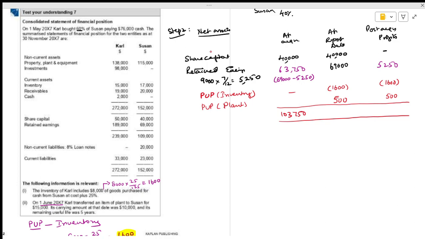Next time we do this we will have more clarity. Now we are doing inventory, the second question. Next we are doing plant. 40 plus 69 minus 16 plus 500, 107,900.